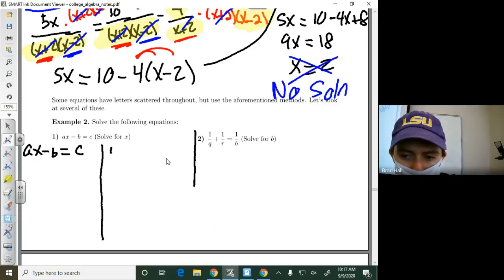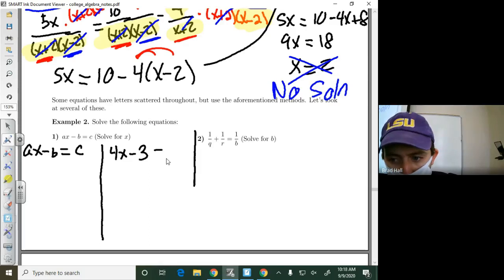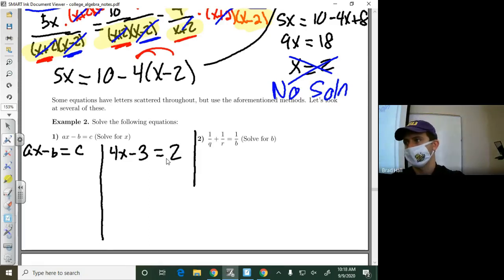What about if A was, say, 4, and then minus B, that's just minus 3, and then that's equal to 2? So these symbols just represent numbers. So what about if we just view them as numbers? How does that really change things?